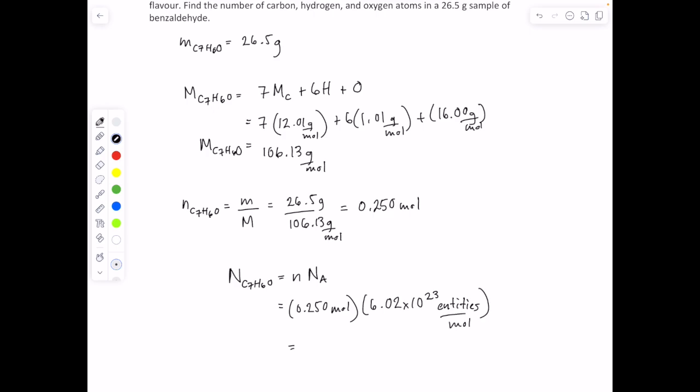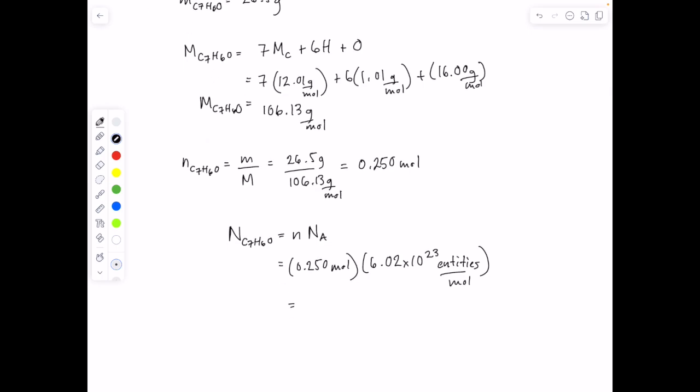This gives us 1.503 times 10 to the power of 23 molecules of C7H6O benzaldehyde.